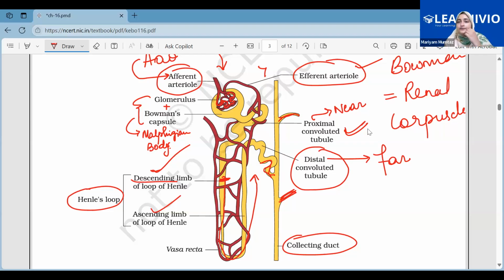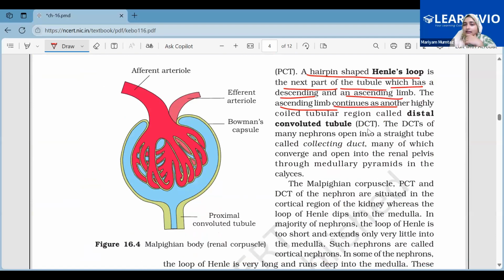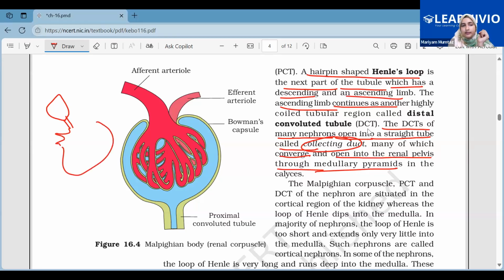So remember that the DCTs of many nephrons open into a straight tube called the collecting duct, many of which converge. Converge means they combine, and then they finally open into the renal pelvis through the medullary pyramid. So from there it will go into this part and open over here.